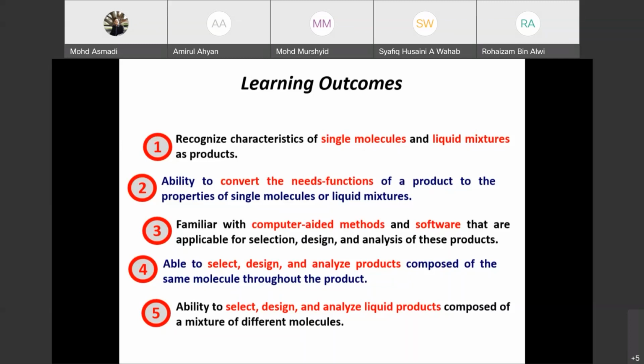I think for designing the formulated products, we will cover in the next chapter. I think this is more to how to choose, how to select the candidates. Okay, molecule candidates for your products, rather than you design. Okay, I think for the next chapter we will focus on 3 types of the product formulated. What another two?